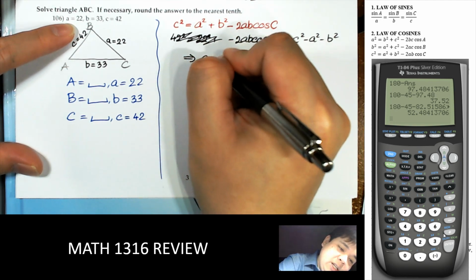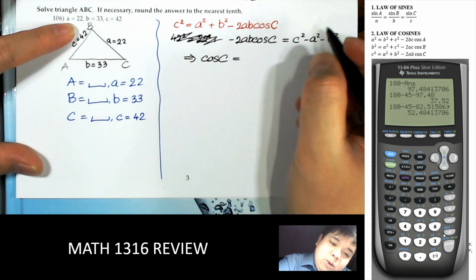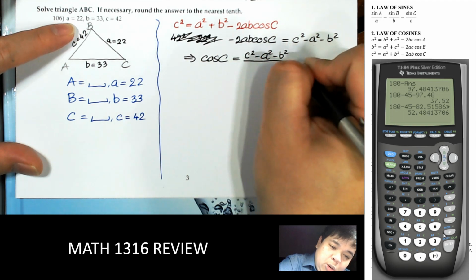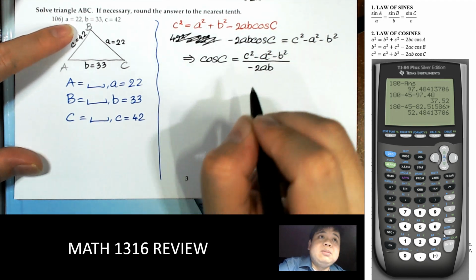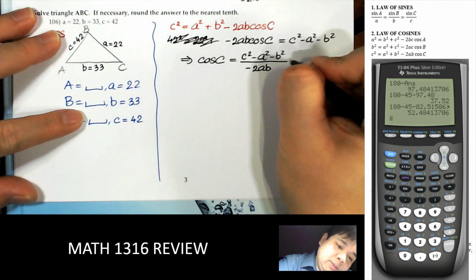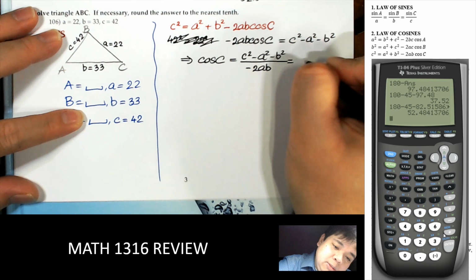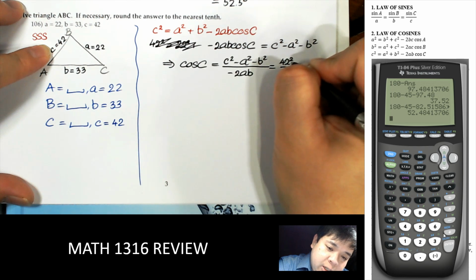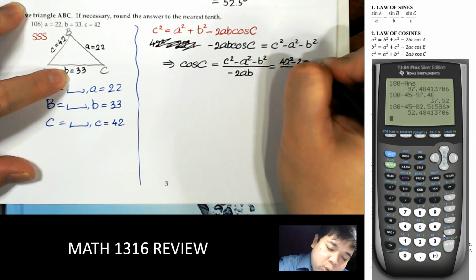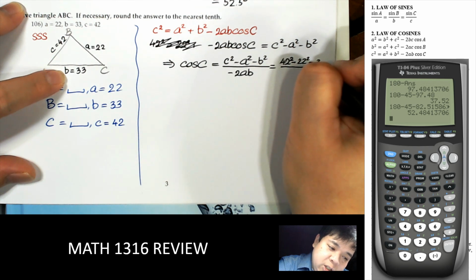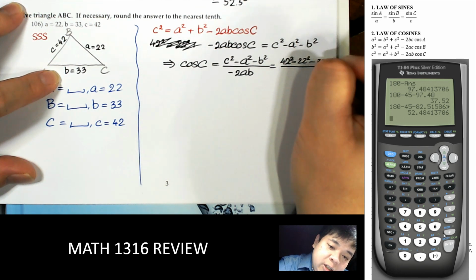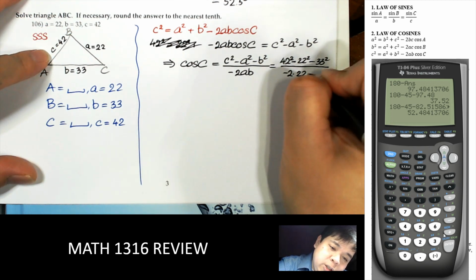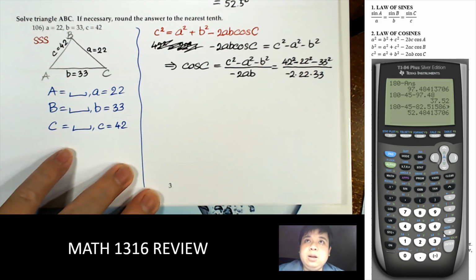So cosine of C equals c squared minus a squared minus b squared over negative 2ab. Right. c squared 42 squared, minus a 22 squared, minus b 33 squared, over negative 2 times a 22 times b 33. Right.